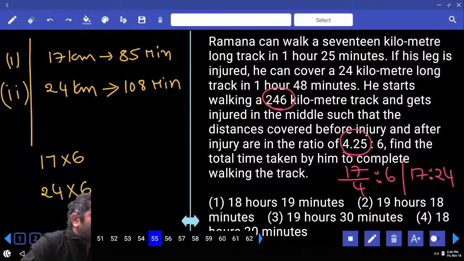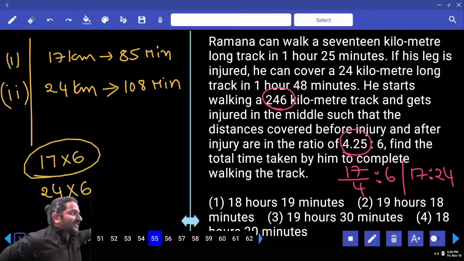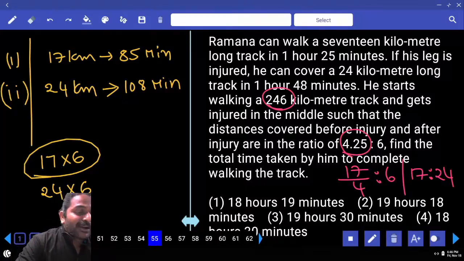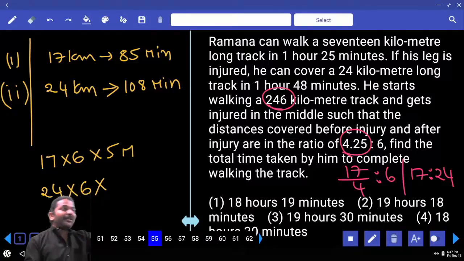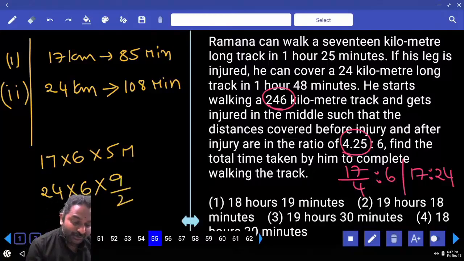These many kilometers. Correct. 17 into 6 kilometers is covered in the first case or second case? In the first case, to cover 1 kilometer, how much time is it taking? These many minutes. In the second case, to cover 1 kilometer, how many minutes is it taking? 9 by 2 minutes.